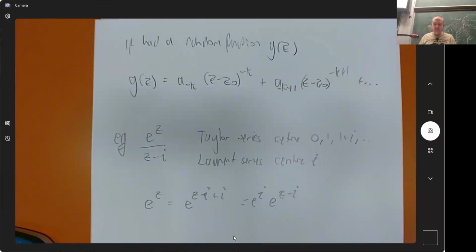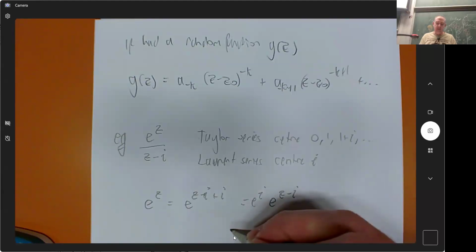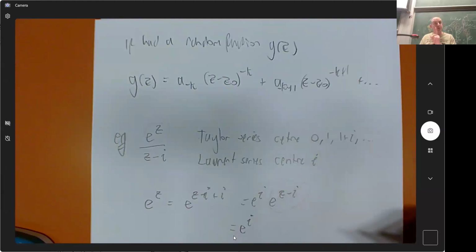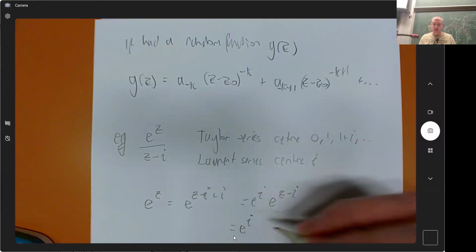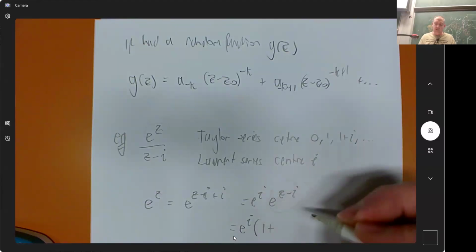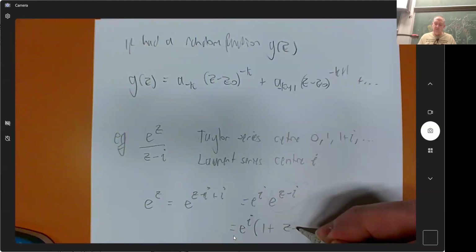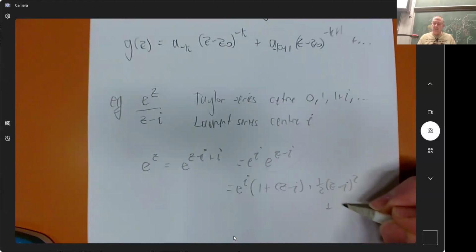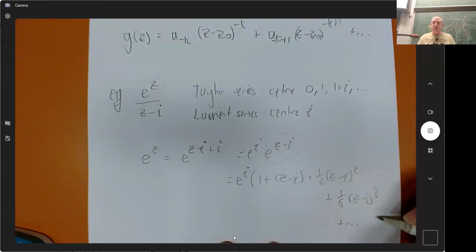And I know, because of how the Taylor series for e to the x works, that this will be 1 plus (z minus i) plus a half of (z minus i) squared plus a sixth of (z minus i) cubed plus blah, blah, blah. It'll be 1 on n factorial times (z minus i) to the n.